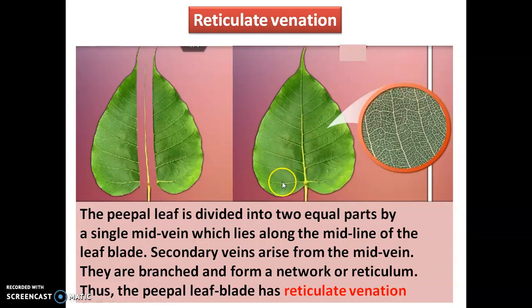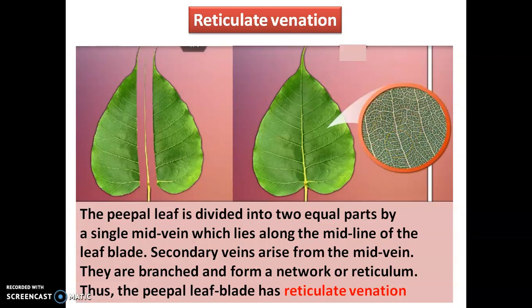Here is a secondary vein, and another. They start from the midvein and reach towards the end or leaf margin. They are branched and form a network or reticulum. See here, we can see the network of the veins.